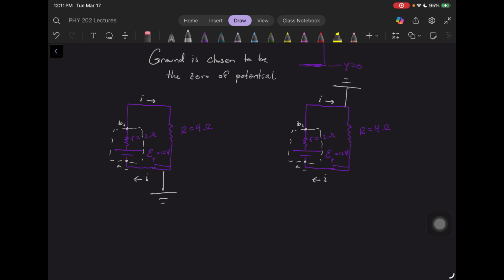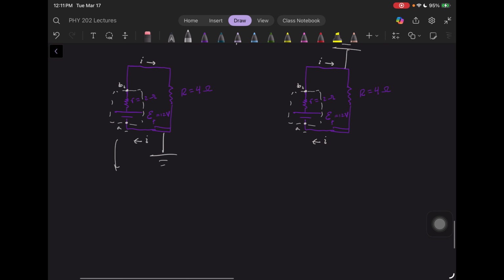Now if we go through all these same arguments, we'll start with this circuit, and we have VA, that's chosen to be the ground. And so we have 0 plus E minus IR, which we can say is equal to VB.